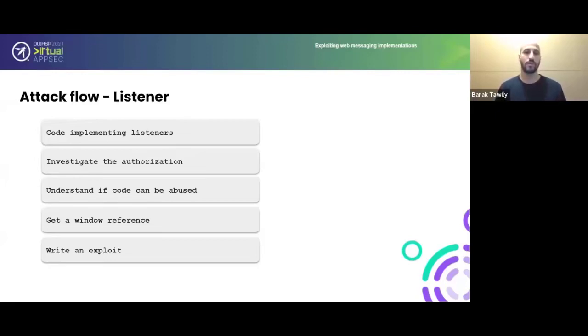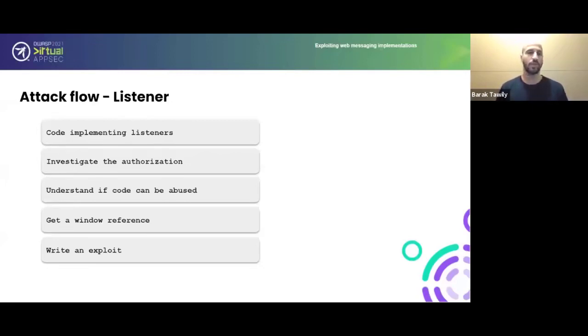You'll need to investigate to understand exactly if the authorization is properly defined and if it might be bypassed. We will see real use cases of these authorization flows in the next slides.